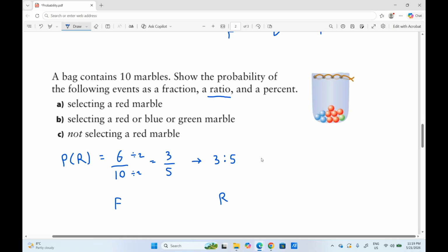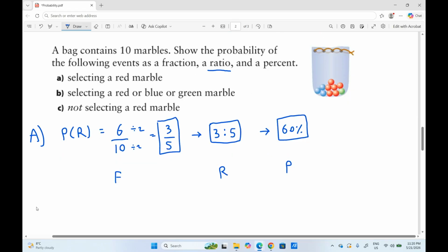And now my percent, 3 over 5, is just going to be 60%. So my answer here is going to be 3 over 5, 3 colon 5 if it's a ratio, or 60% when expressed as a percent. So that's for A.